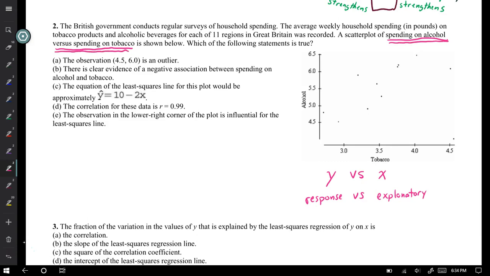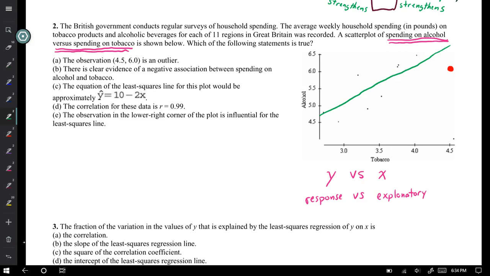So which of the following statements is true? Let's go through. We're going to have to read and eliminate and try to figure out which one's the best answer. So 4.56 looks like this point. Is it an outlier? Well, if I'm looking at the pattern, it looks like a linear relationship you can draw in there. It looks like it's positive.